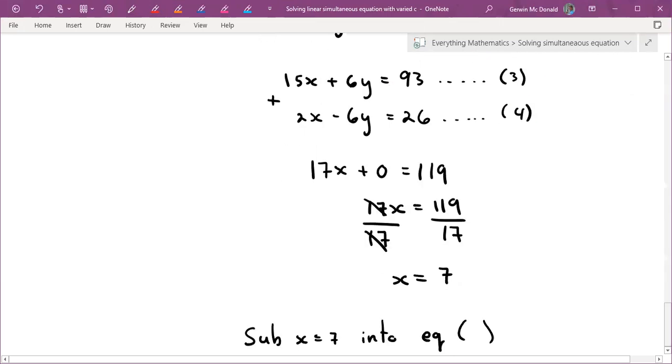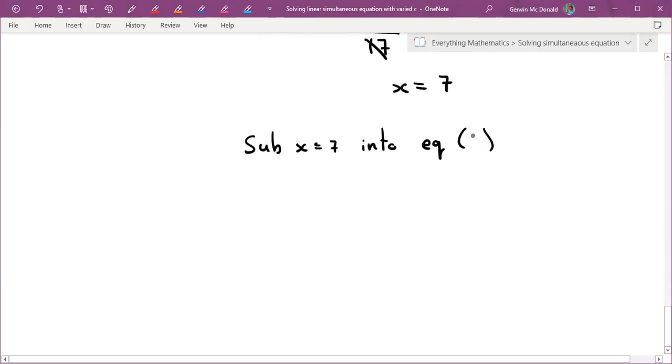So that's equation 2, which is x minus 3y is equal to 13. Good. And we know that x is 7. So where we see x, we just put 7. We just substitute. So 7 minus 3y is equal to 13.